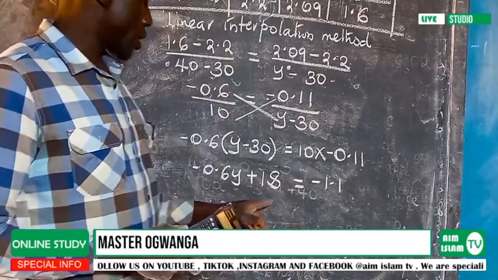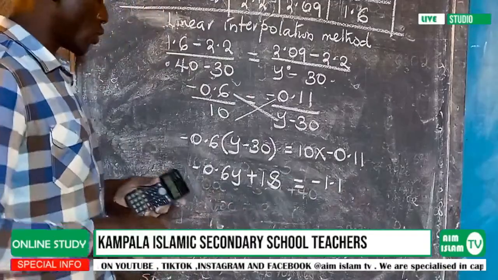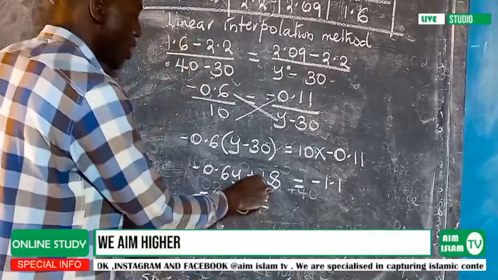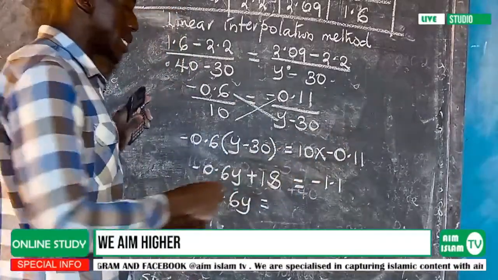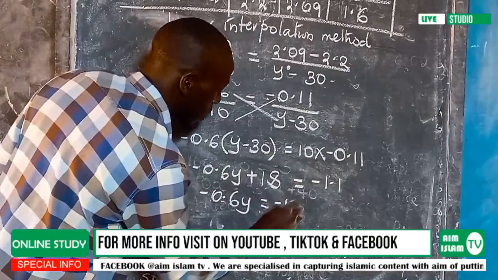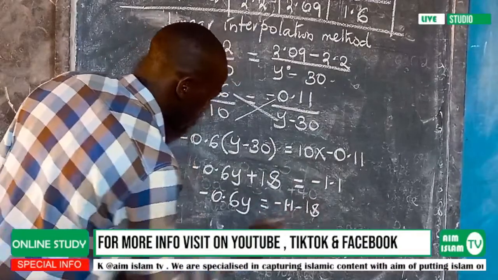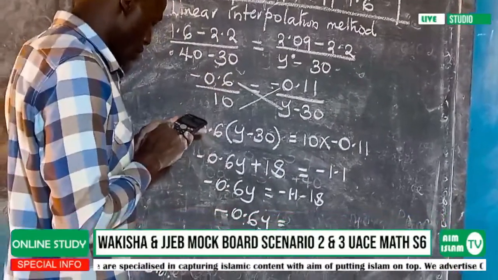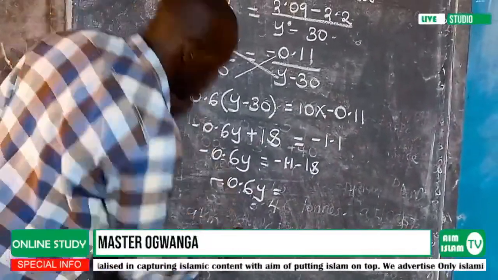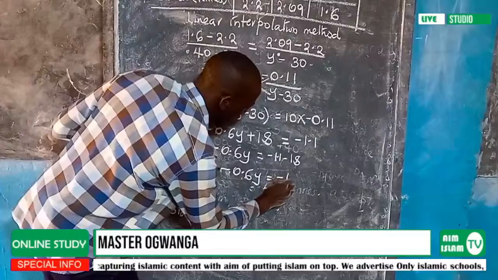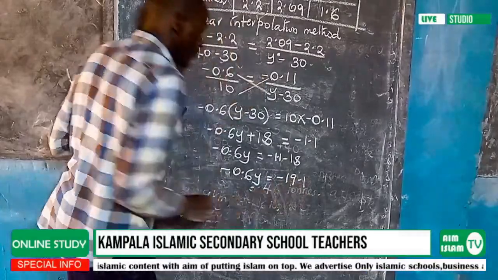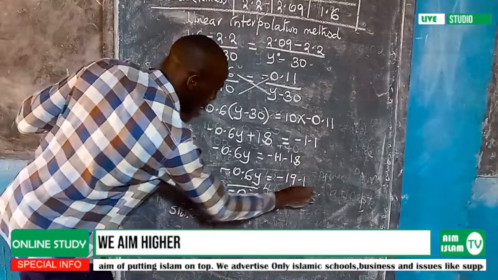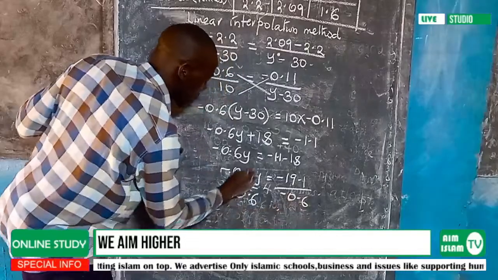Then we collect the like terms, because we are getting the value of y. So you have negative 0.6y. This one being a positive, you will call that side a negative. So it's 1.1 minus 18, which is negative 19.1. You can divide by negative 0.6, divide by negative 0.6.